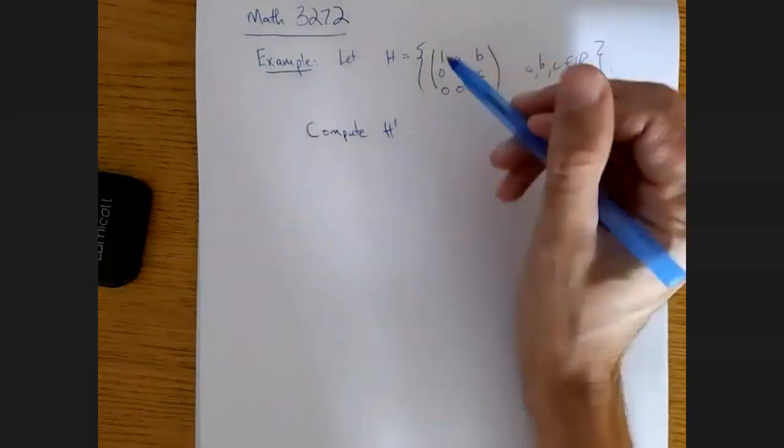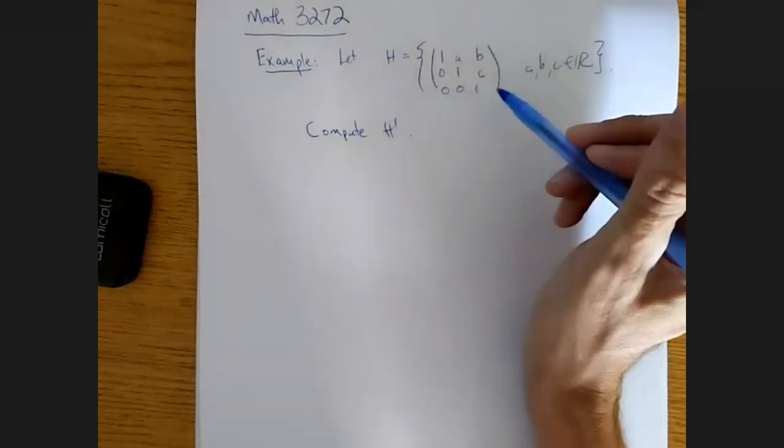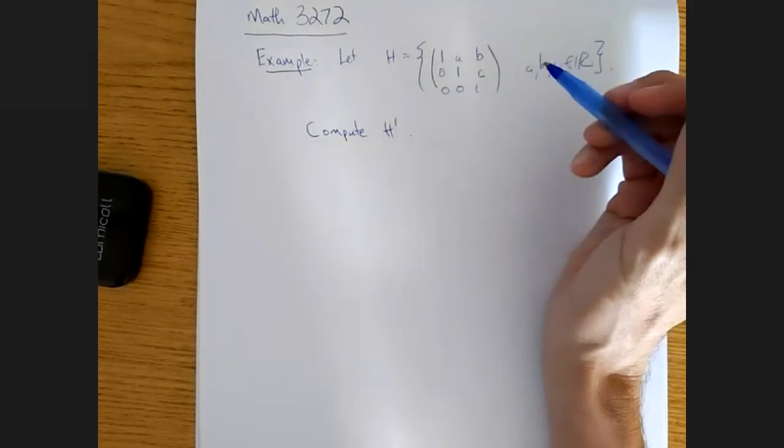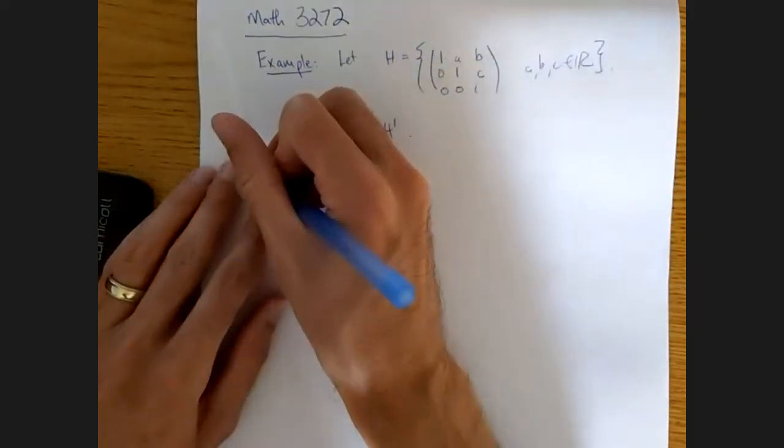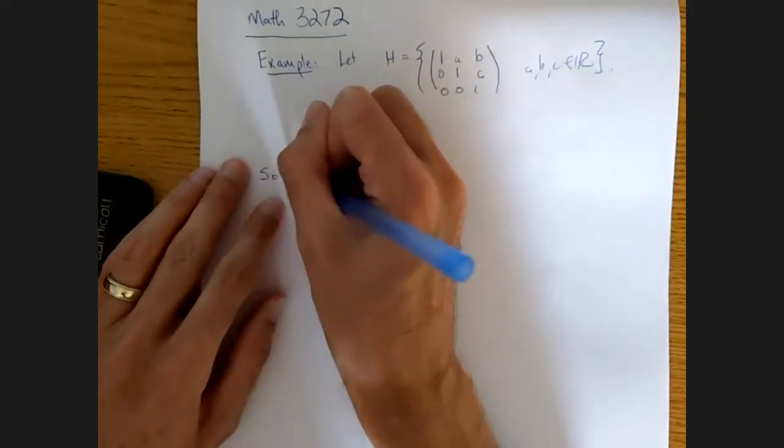To start with, we have to take two matrices and compute their commutator, and see if we notice a pattern.